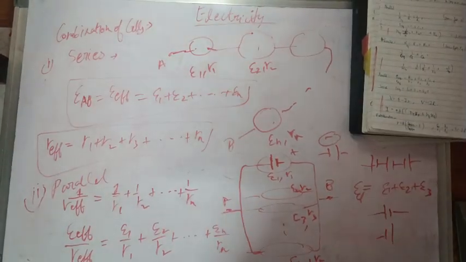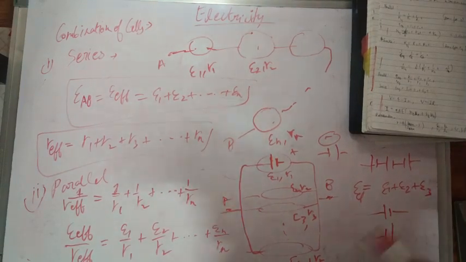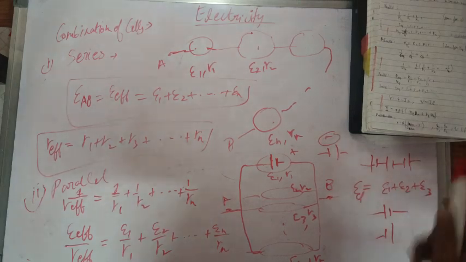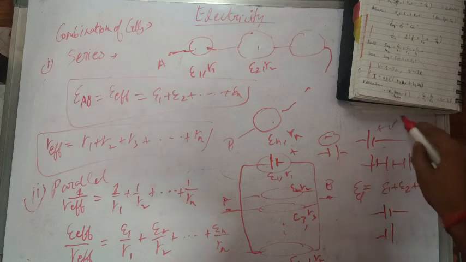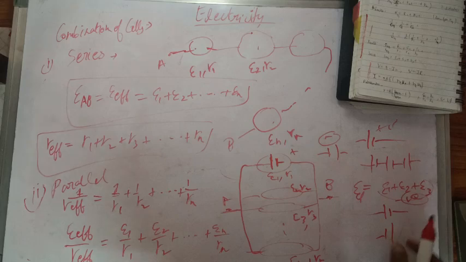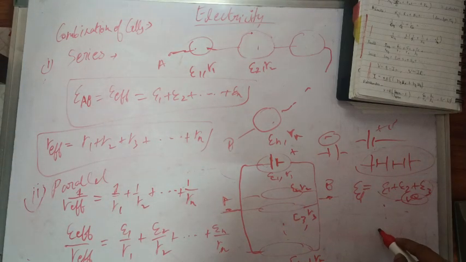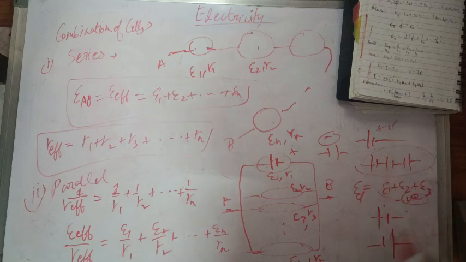To know the sign of this resultant, effective cell, we just have to remove the modulus sign from here, and let's say I have taken this arrangement as positive. Then if the sum of all these values becomes negative, then the effective cell I will get would be the negative of this arrangement, which means the cell will look like this, and its magnitude would be equal to the magnitude of this.